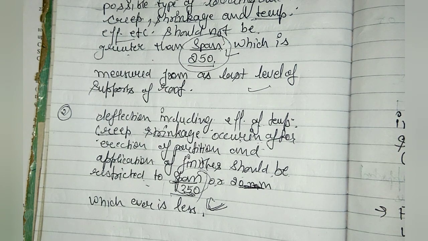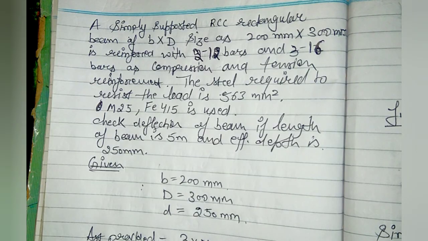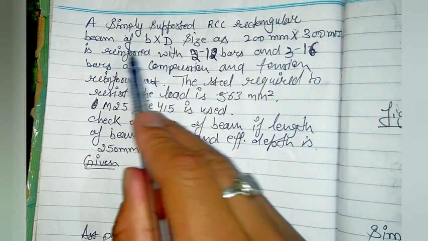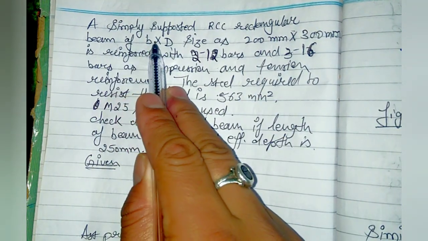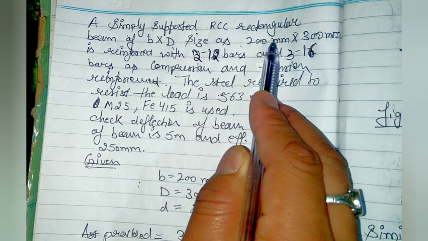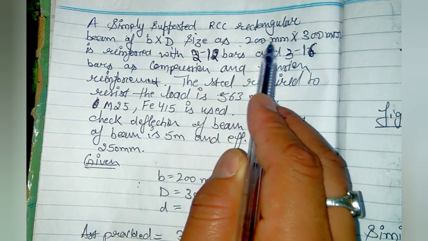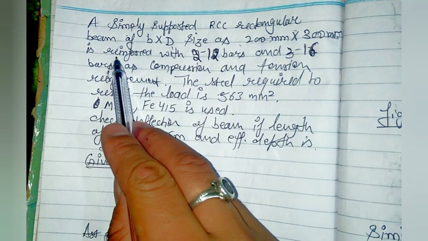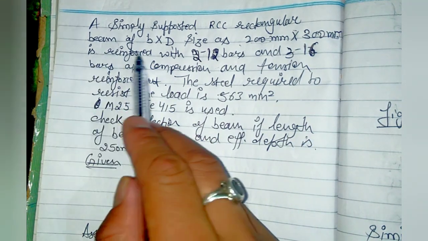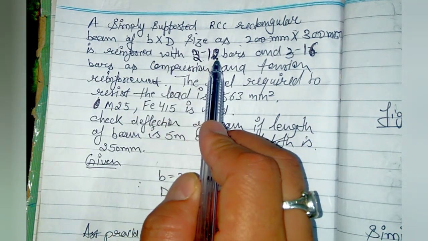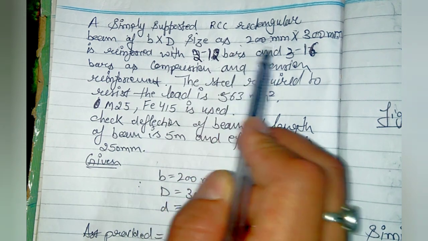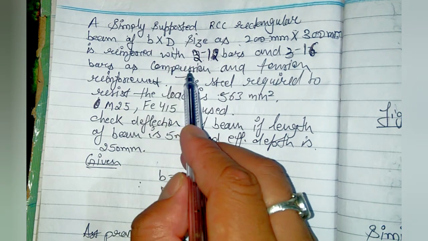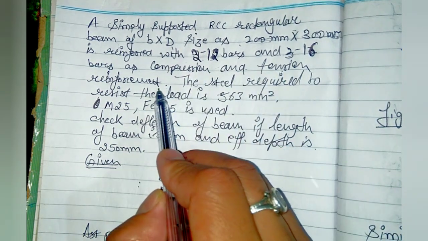I'll discuss an example here. We are provided with a simply supported RCC rectangular beam of B by D size as 200 mm. This is the width and this is the overall depth of the beam. It is reinforced with two 12 mm bars and three 16 mm bars as compression and tensile reinforcement.